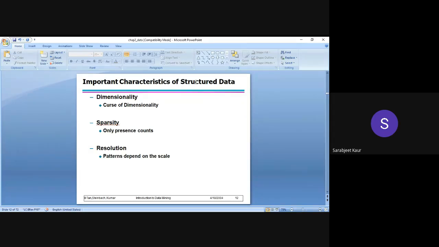Please see, resolution of the data is very important because as we change the resolution of the data, characteristics may change. For example, if I am looking at the spatial data, that means the surface data, from a very high resolution, then the surface may appear very smooth to me, right?